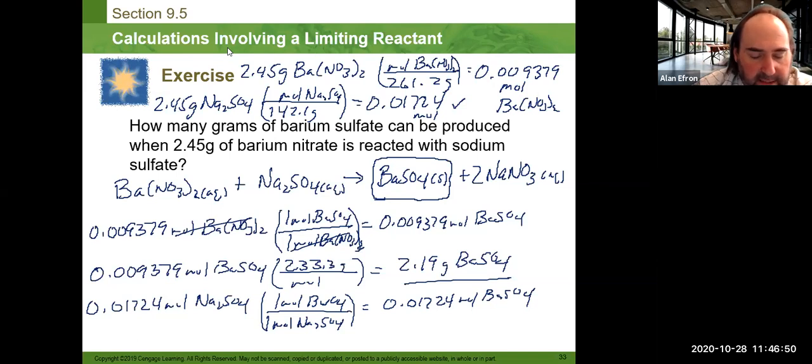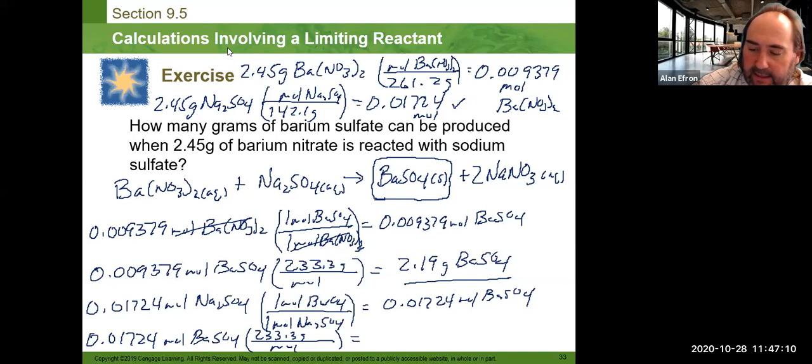We then will multiply that by our molar mass. It's the same molar mass for barium sulfate as we used above, 233.3 grams per mole. And we end up with 233.3 times 0.01724, going to give us 4.02 grams of barium sulfate that would be produced from this sodium sulfate.